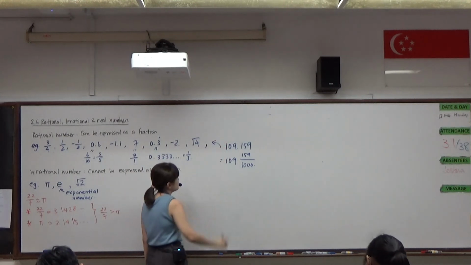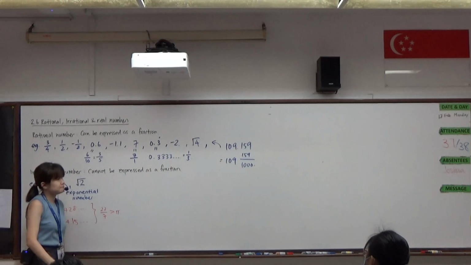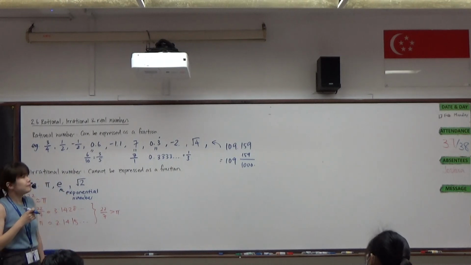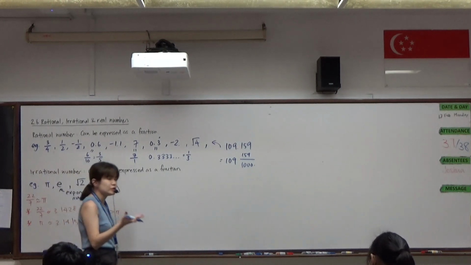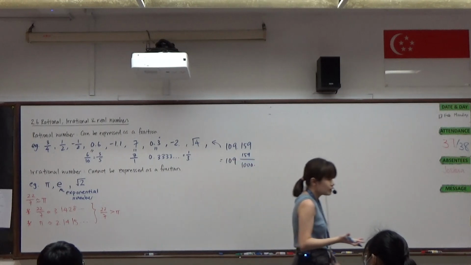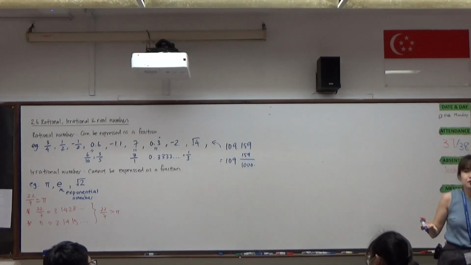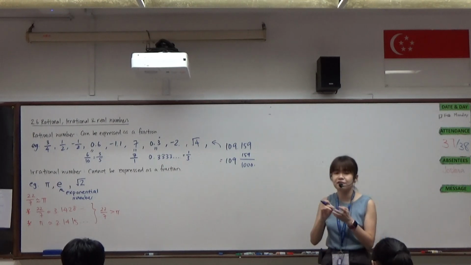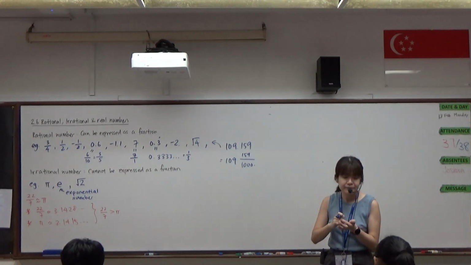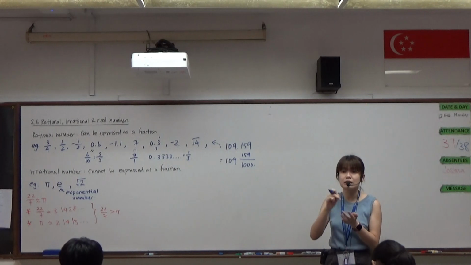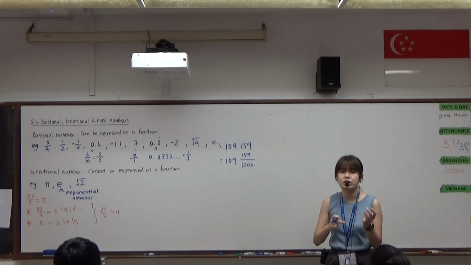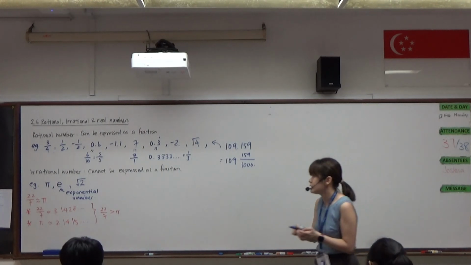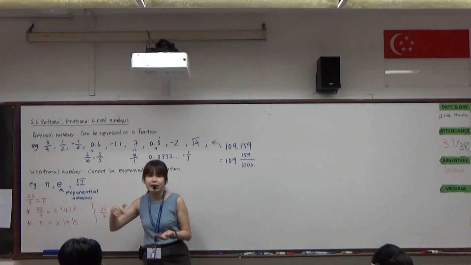So essentially, if you want to use your calculator to help you, if you have a number itself, you press the fraction decimal button. You change your decimal, try to see if it can be changed into a fraction or not. So let's say I press square root 2 in my calculator.